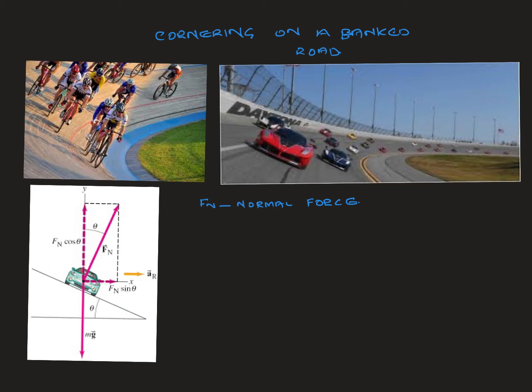And then we have the centripetal force, which is towards the center of the circle. So the centripetal force is provided by a component of the normal force. In this case, Fn sin theta is the centripetal force, and Fn cos theta is equal to mg. So we know the vertical component and the horizontal component, and we're going to use that to find the maximum speed at which we can travel on the road when the angle is theta.